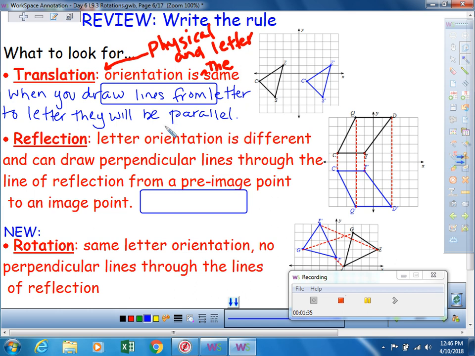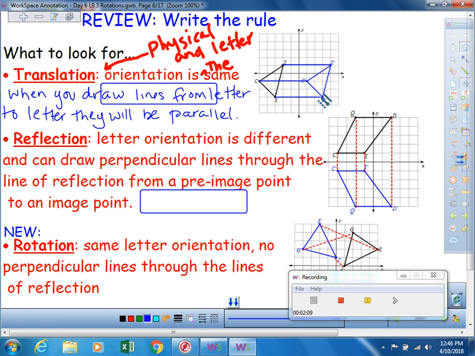Okay, so translation. This is how you tell a translation. The physical orientation is the same. The letter orientation, okay, ZSC, goes in the same order when you're going clockwise. And if I were to draw lines from the letter to the letter prime, they will be parallel.